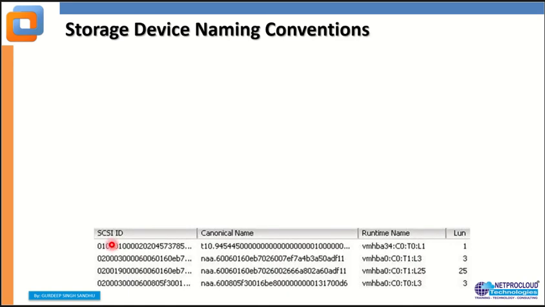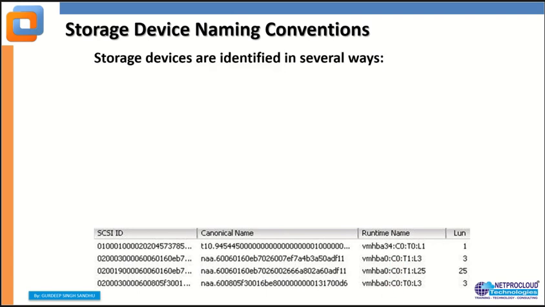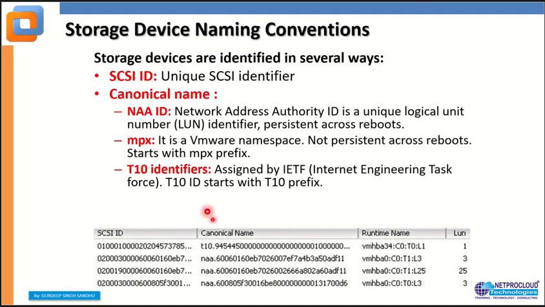Some more names are there, like the iSCSI ID and canonical name. In the canonical name we have T10, NAA, and some runtime names also, like vmhba34. Storage devices are identified in several ways, like the SCSI ID, which is a unique SCSI identifier, and some canonical names like the NAA ID, basically the Network Address Authority ID.